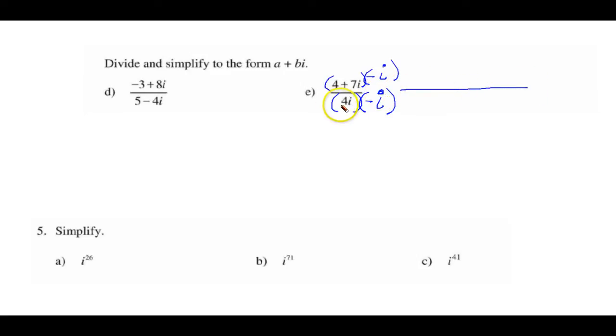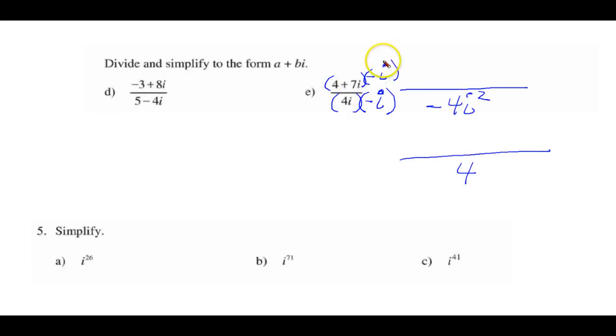So 4i times negative i is a negative 4i squared. But what did we say i squared was? A negative 1. So this becomes a positive 4.